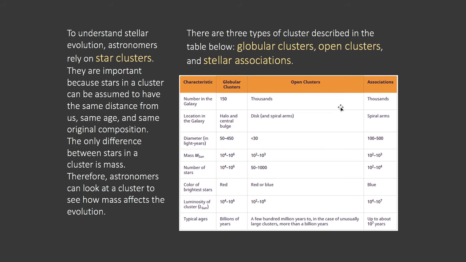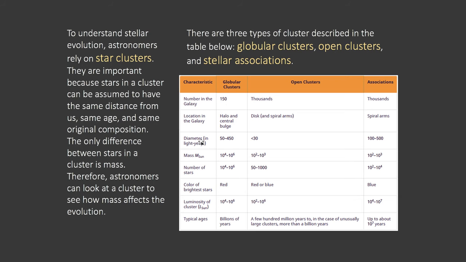There are thousands of open clusters, thousands of associations. When you look at the number of stars, 10 to the 4, so 10,000 to a million in a globular cluster. For an open cluster, 50 to 1,000 stars, and this is hundreds to 10,000s in the associations.